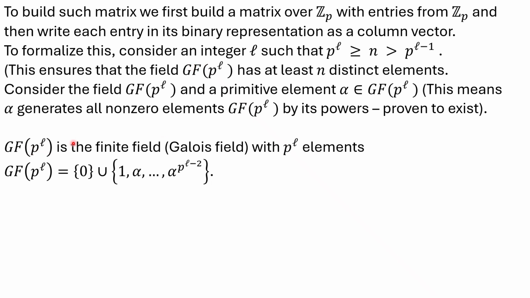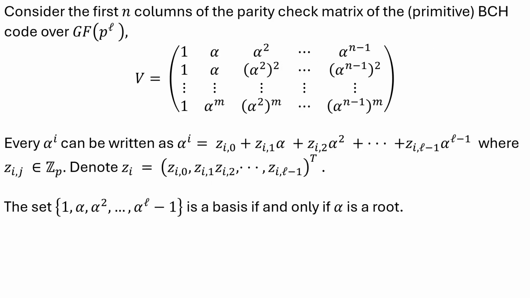GF is the finite field with p to the L elements. Consider this field and a primitive element alpha. This means alpha generates all non-zero elements by its powers, proven to exist. Consider the first n columns of the parity check matrix of the primitive BCH code over GF.